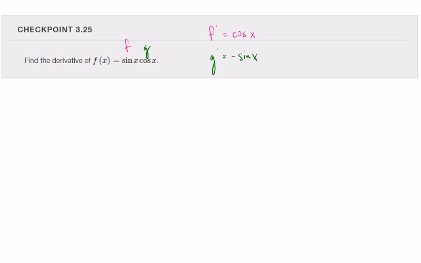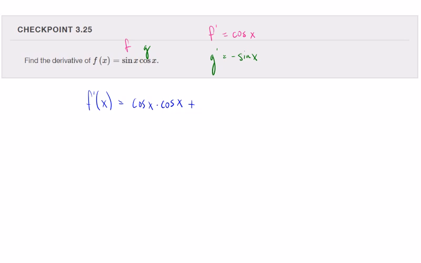All right, and so now we have everything we need to use our formula. So f prime of x, f prime g, so that'll be cosine times cosine, actually, right? So f prime is cosine and g is cosine, plus g prime f.